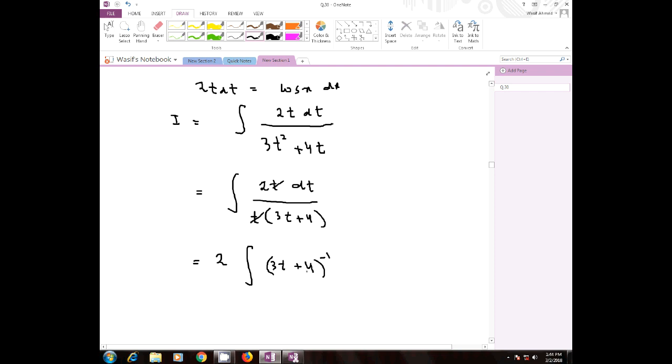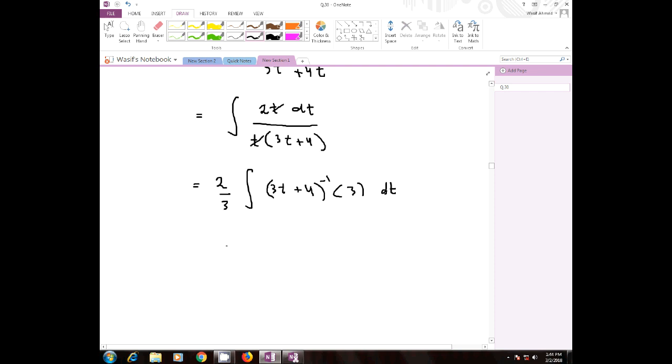Since we know that the derivative of 3t plus 4 with respect to t is 3, therefore you have to divide by 3, and this is simply equal to 2 divided by 3 natural log of 3t plus 4.